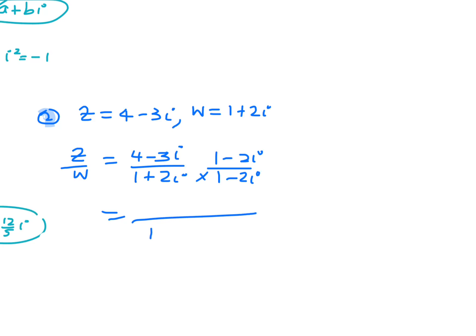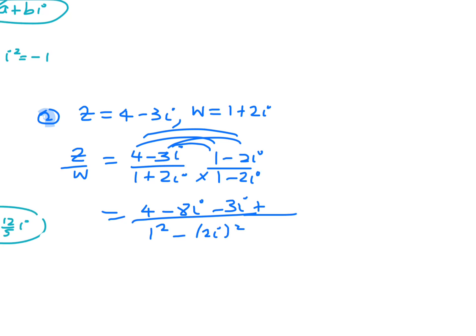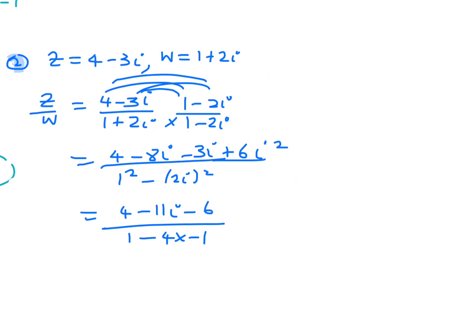So it's just going to be 1 squared minus 2i squared. And on the top you have 4 ones are 4, minus 8i, minus 3i, plus 2 threes are 6i squared. So 4 minus 11i minus 6 over 1 minus 4 times minus 1.